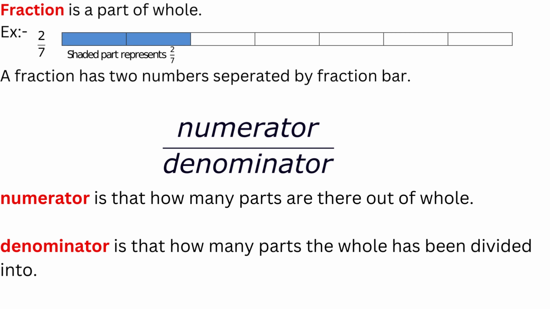Here we made the rectangle into seven parts, right? The whole parts are seven and we shaded only two parts. The required part we write in the numerator and the whole part is the denominator.